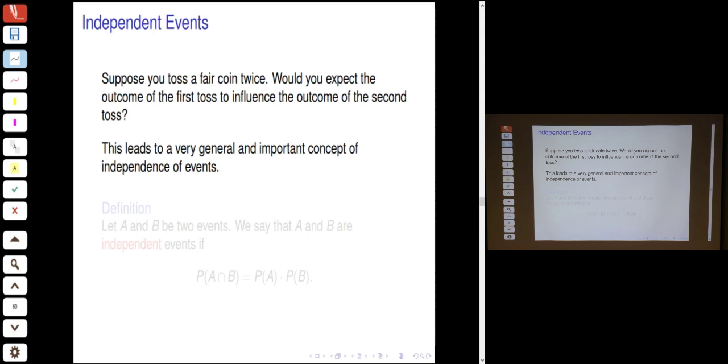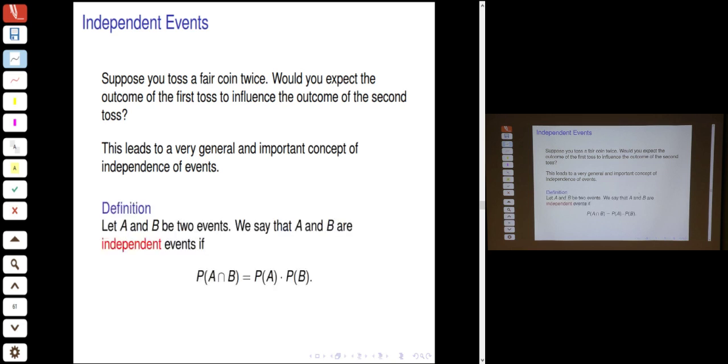Think of this as two events. Are these two events related, or do they have no relation at all? Either they are related, dependent, or independent. Independent is a mathematical way of describing that the two events have no relation. They don't influence each other. The mathematical definition goes like this. Let A and B be two events.